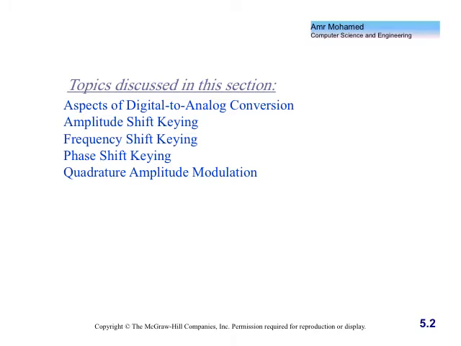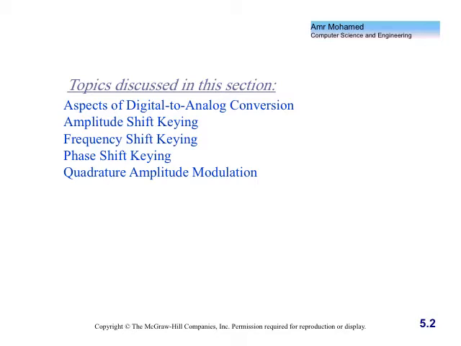We talked about 3 major characteristics for any sine wave or any analog signal, which is what? Bravo, amplitude, frequency, and phase. These techniques use different combinations of these characteristics, as simple as that.